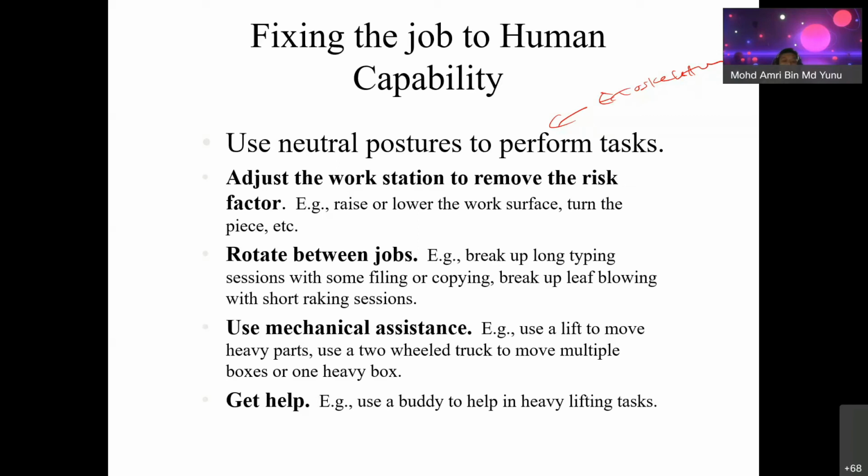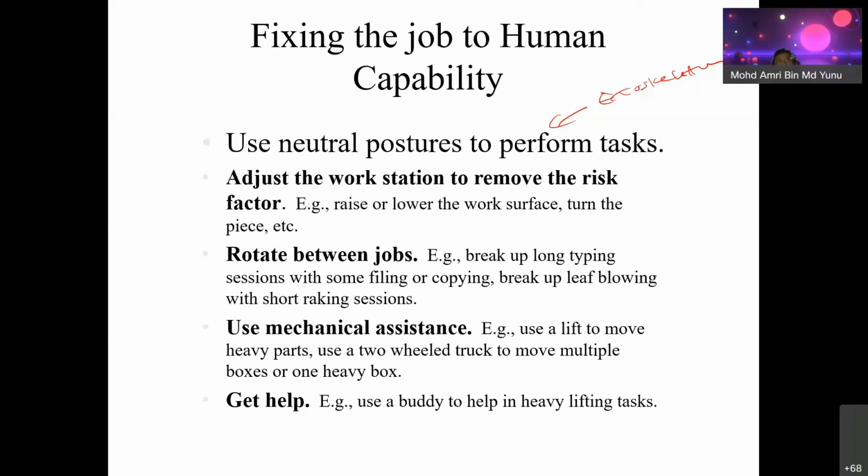Rotate between jobs. Use mechanical assistance like a trolley or hoist, and use a buddy system for heavy tasks, at least two people or more.